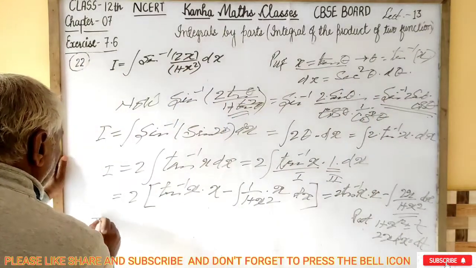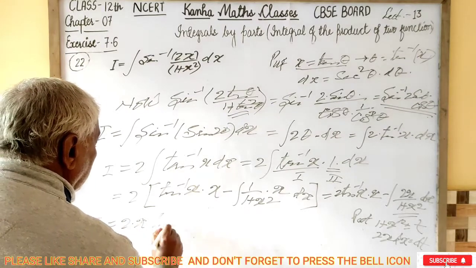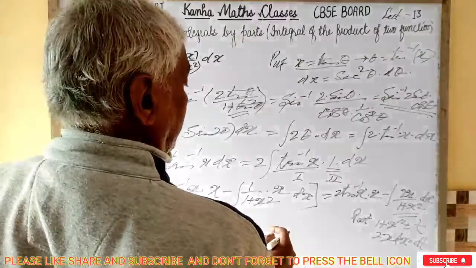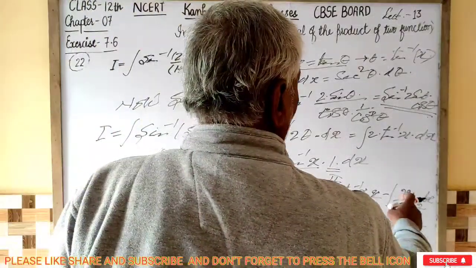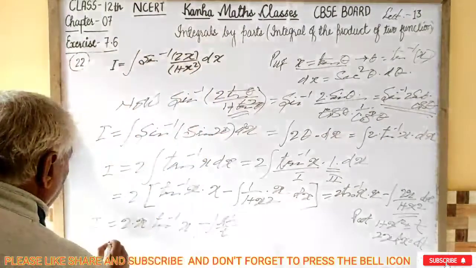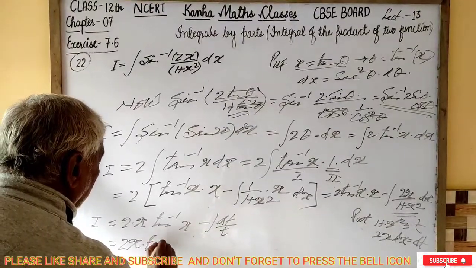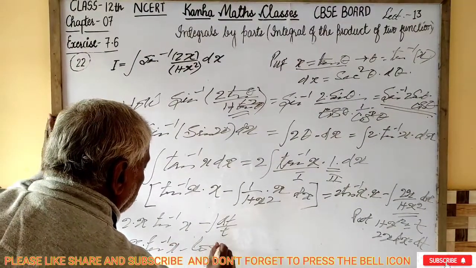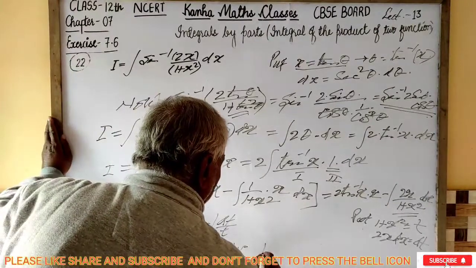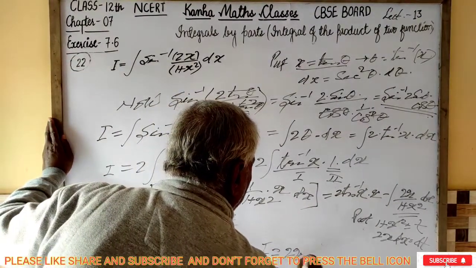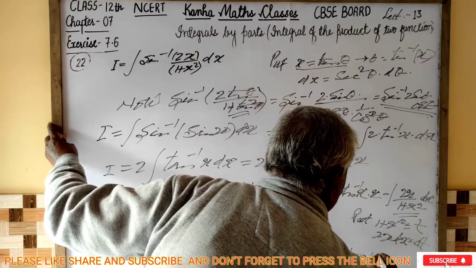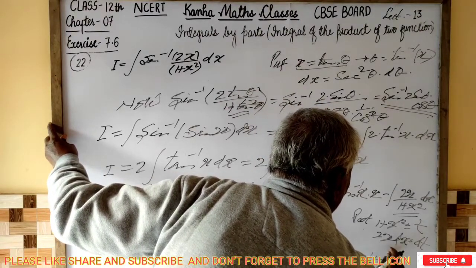Hence I is equal to 2x tan inverse x minus, here 2x dx upon 1 plus x square means dt upon t, it will be 2x tan inverse x minus log t plus c, that is I is equal to 2x tan inverse x minus log of 1 plus x square plus c.